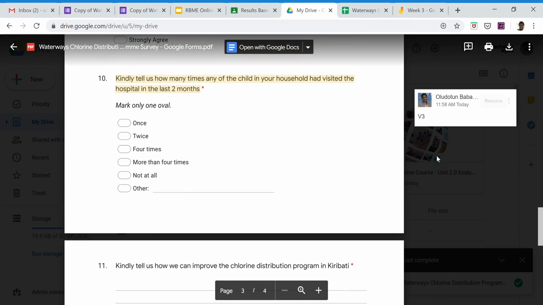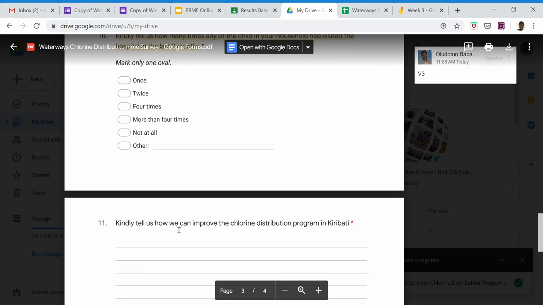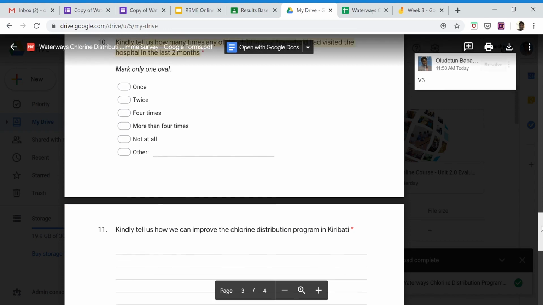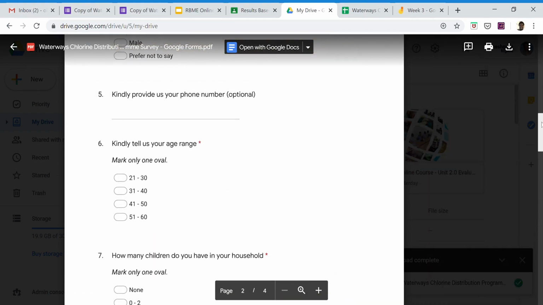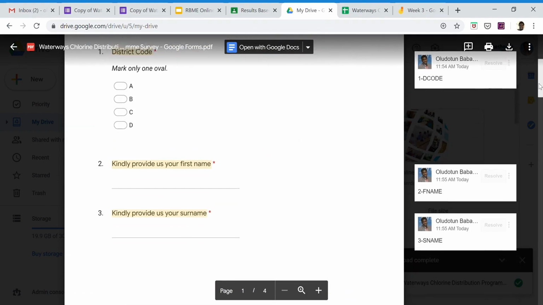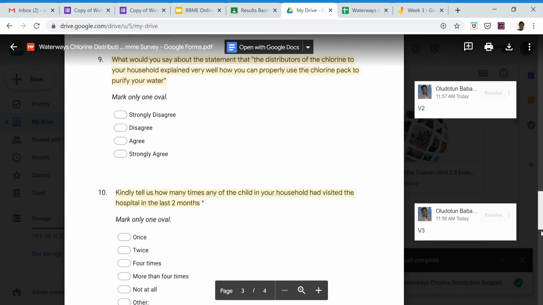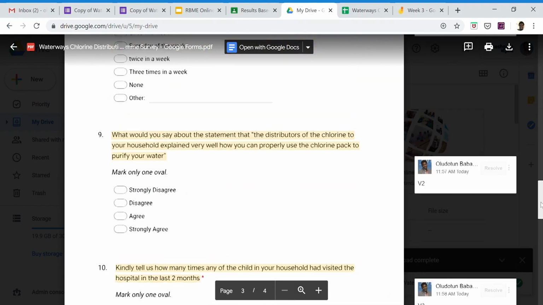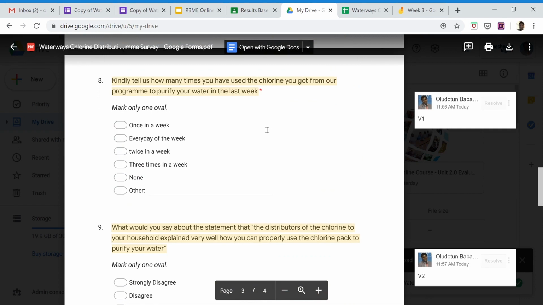And yep, this is my qualitative question on improving the program and all that. So this is how I first try and name my variables. I particularly know v1, v2, v3 is very important that you can do that as well.